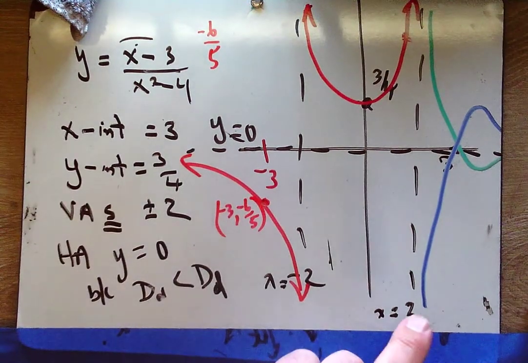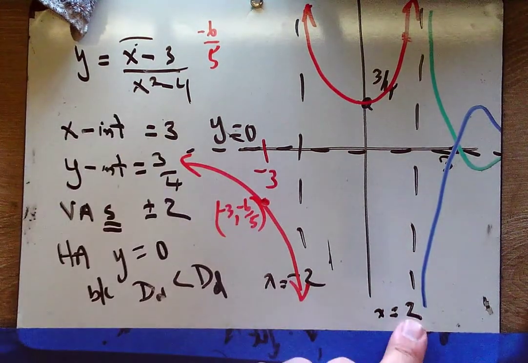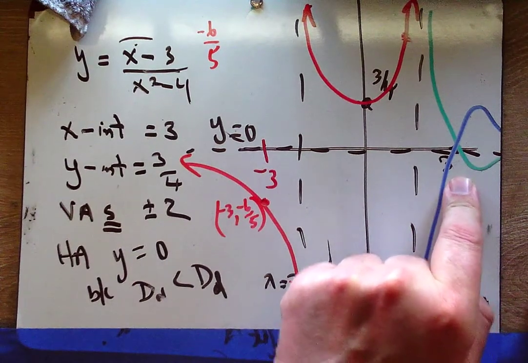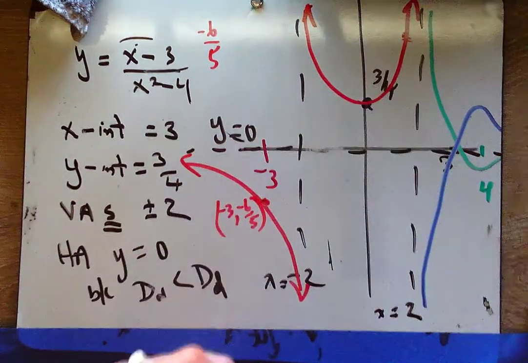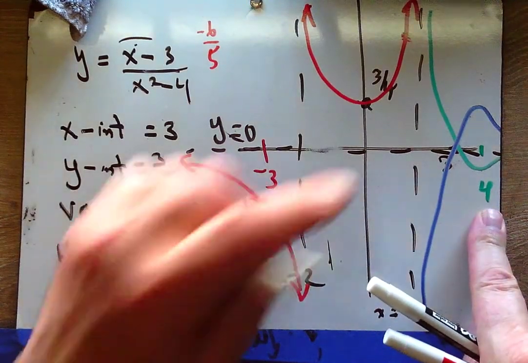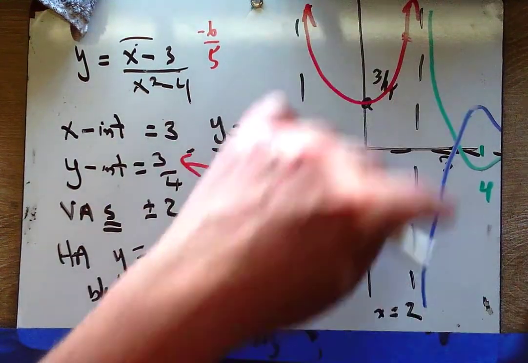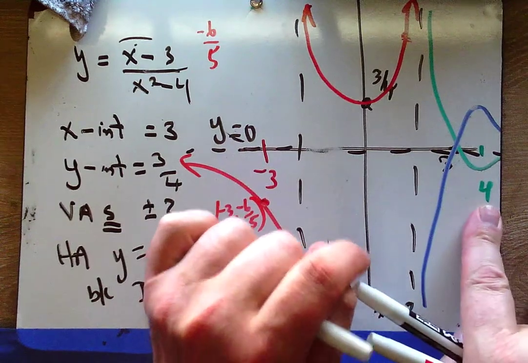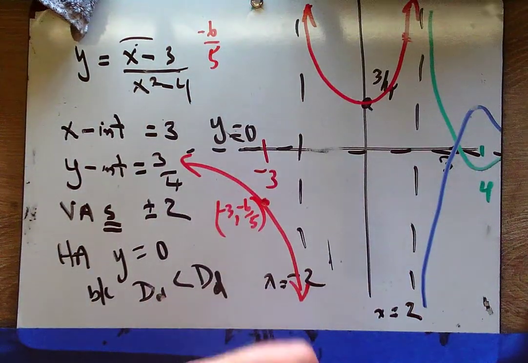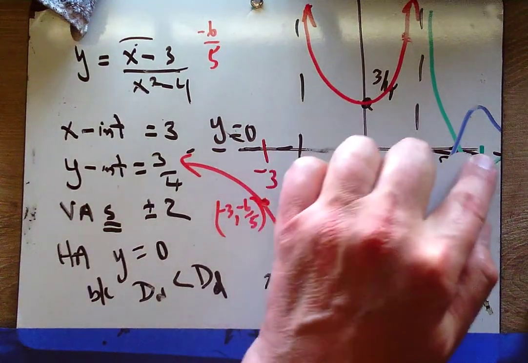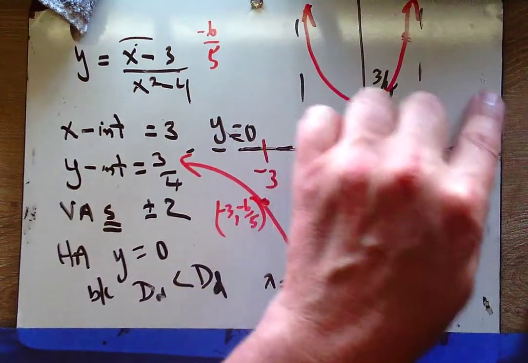I generally like plugging in whole numbers into stuff like this, and since this is 2 and that's 3, I'm not going to go with something in between them. I'd rather go with 4. So if I go with 4 and get a positive output, it's the blue part of the graph. If I go with 4 and get a negative output, then I'm going to have the green part of the graph. So let's see what happens when we plug in a 4.